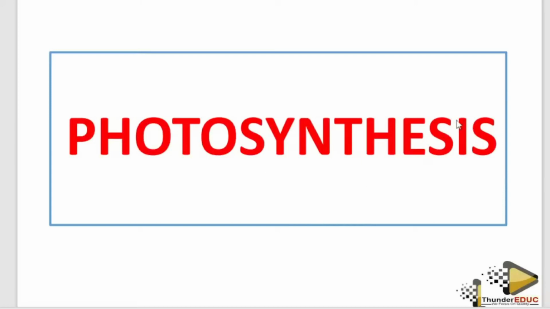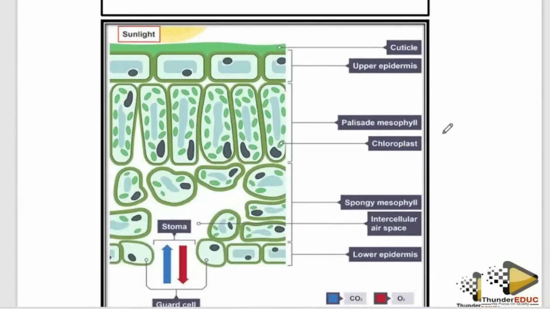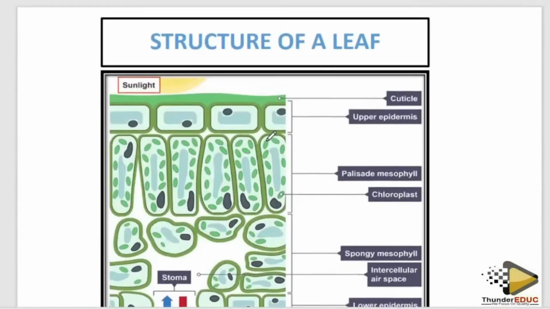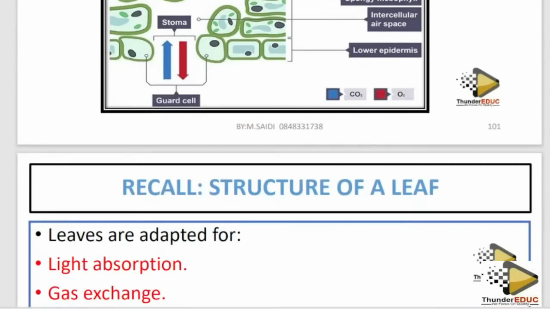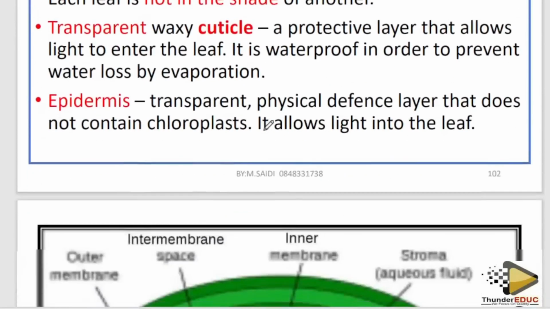Photosynthesis. So in photosynthesis, please know what you call the dark phase, light phase. The light phase and the dark phase. At least you know where they are found, and then the structure of the chloroplast.